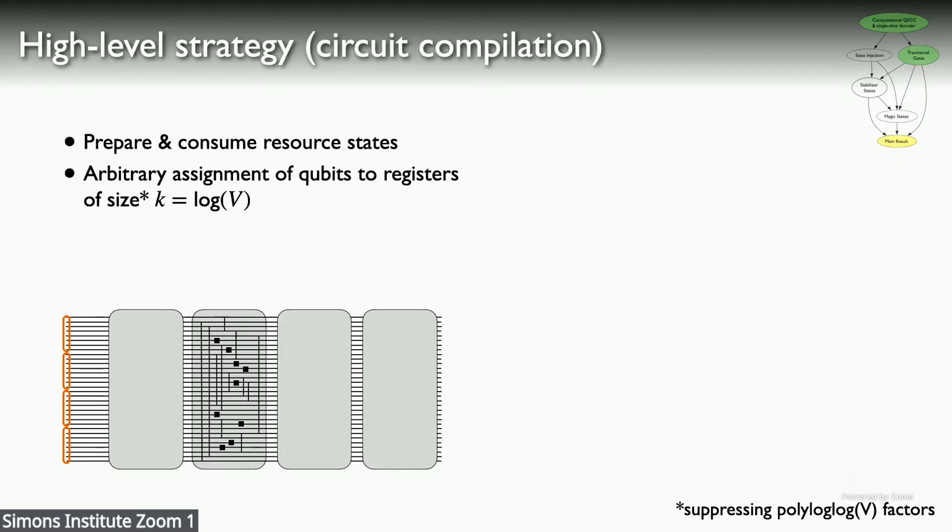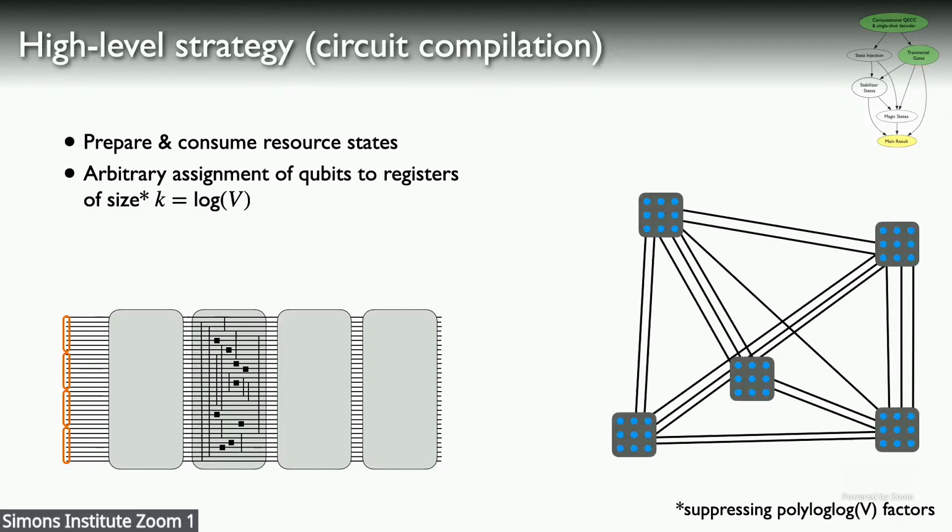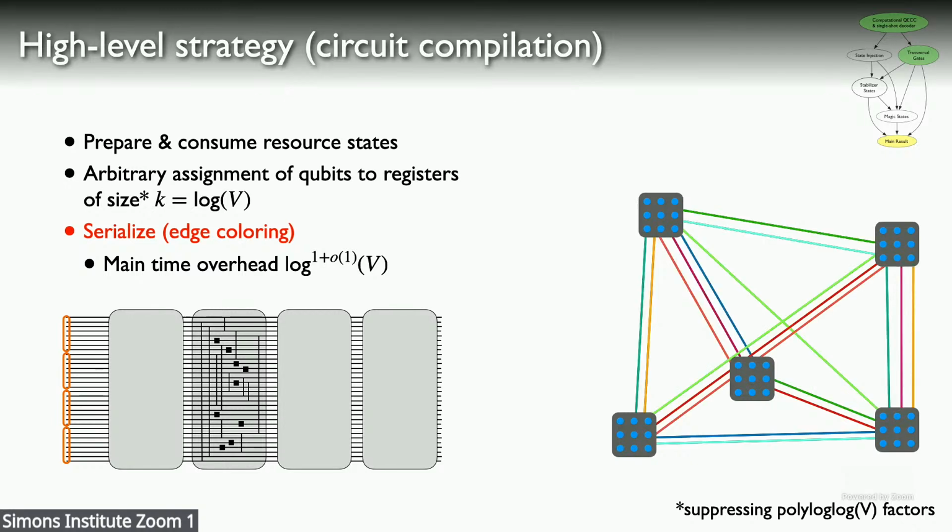The circuit has layers of gates, and we need to schedule the order. It looks like a multigraph where each edge represents a gate to schedule and each vertex is a register. We do the scheduling with an edge coloring, and we perform all the gates corresponding to edges of a single color at once.